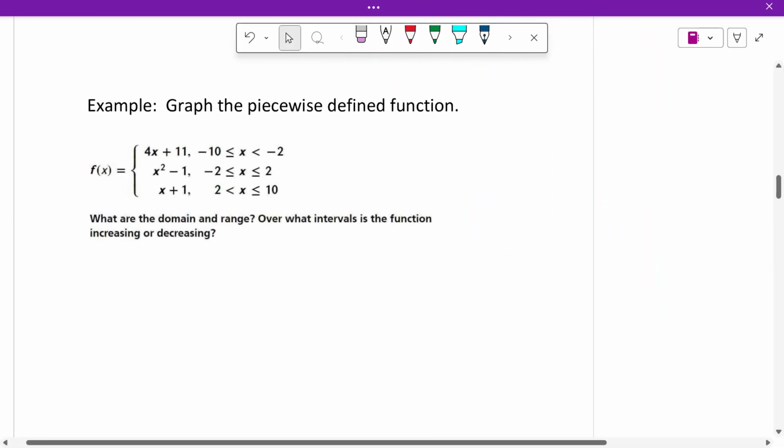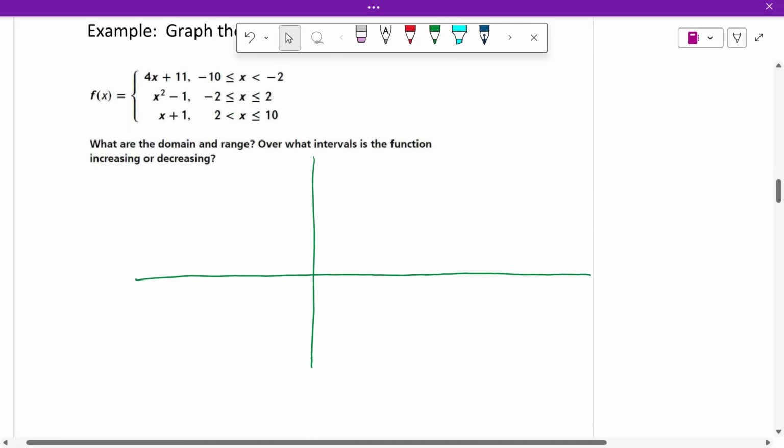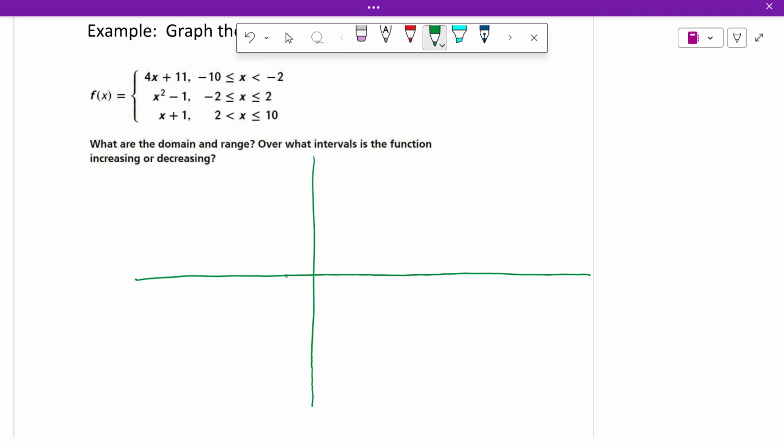Okay, it says graph this piecewise function. Okay. So we go 1, 2, 3, 4, 5, 6, 7, 8, 9, 10. 1, 2, 3, 4, 5, 6, 7, 8, 9, 10.